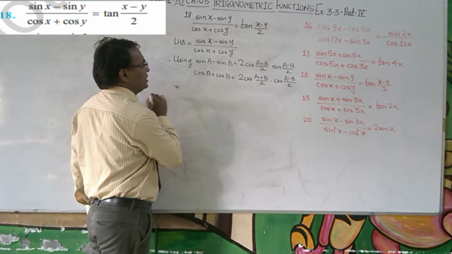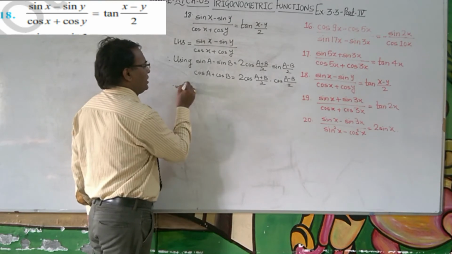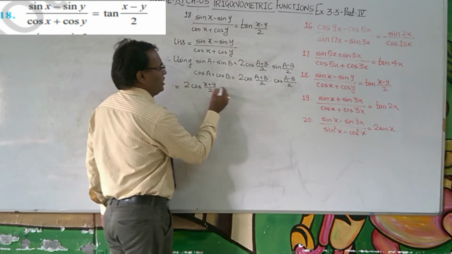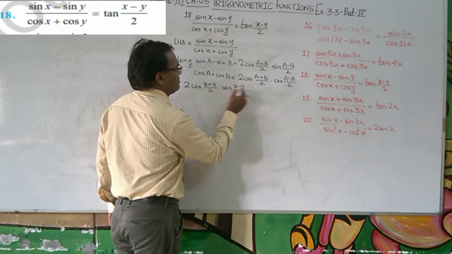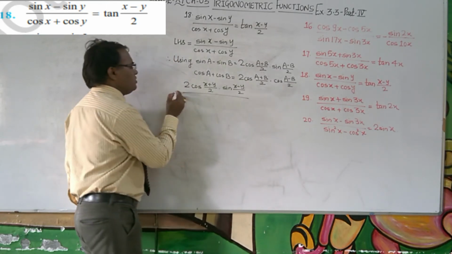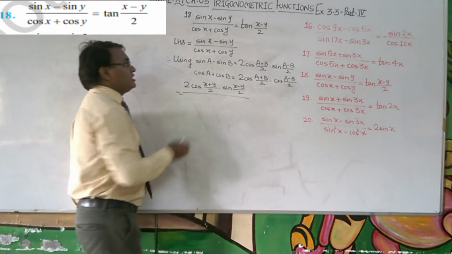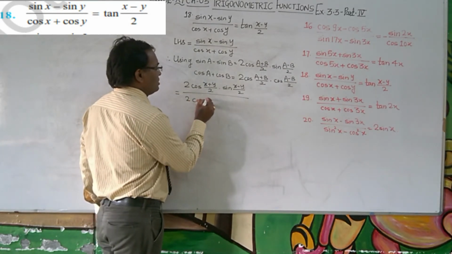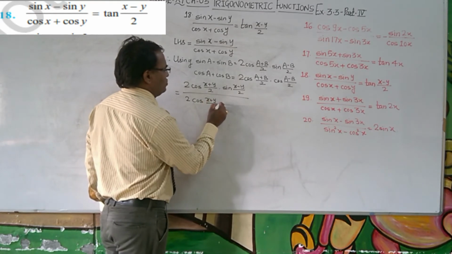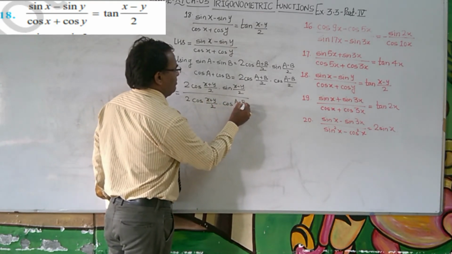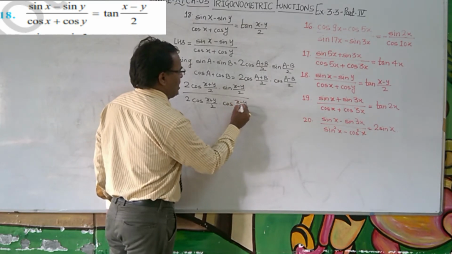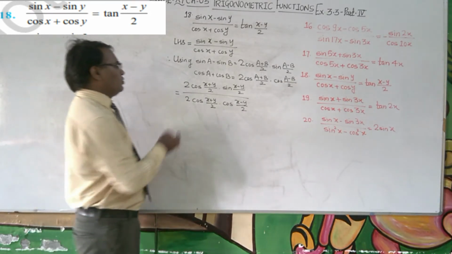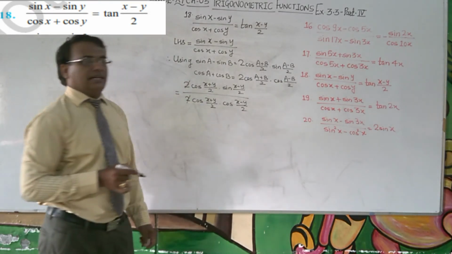So LHS will turn to: sin x minus sin y becomes 2 into cos (x+y)/2 into sin (x-y)/2. No doubt about this, I think. And the denominator will turn to 2 into cos (x+y)/2 into cos (x-y)/2. Now 2 and 2 will get cancelled.